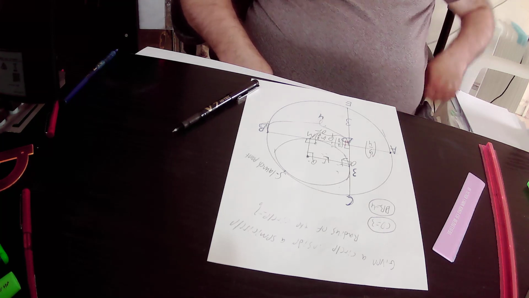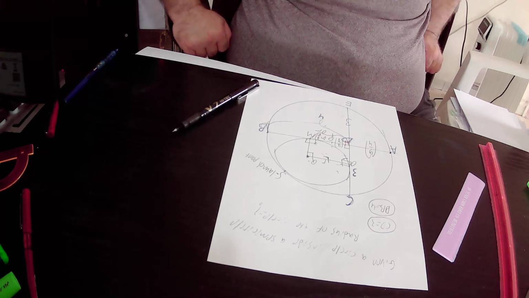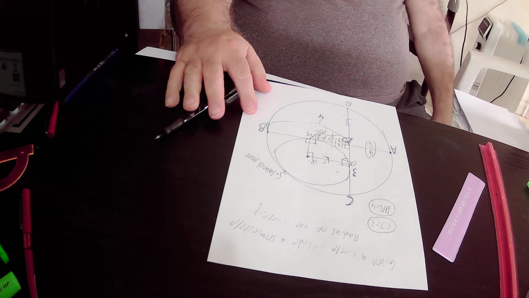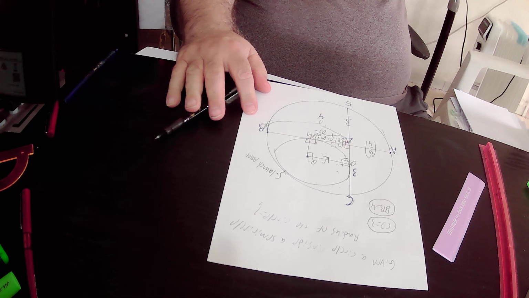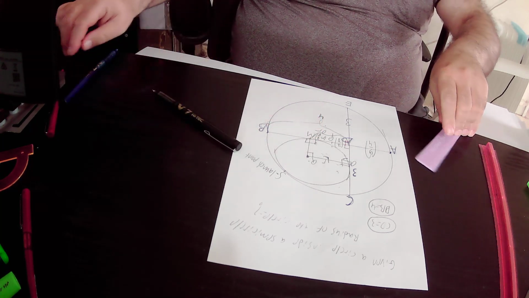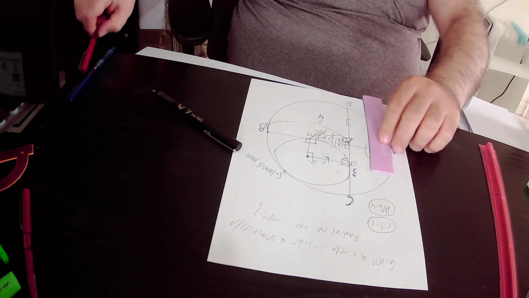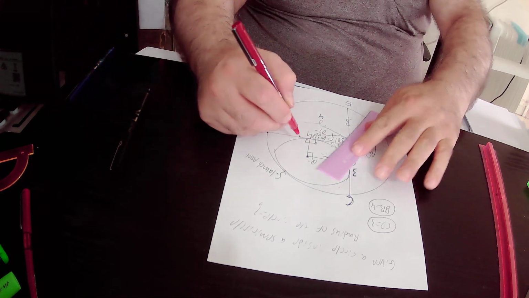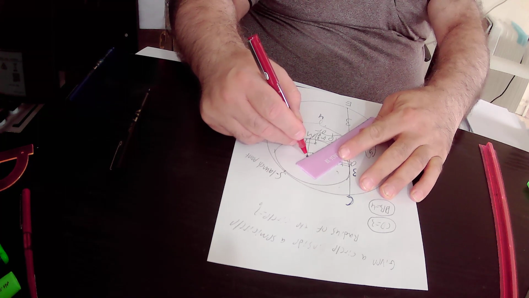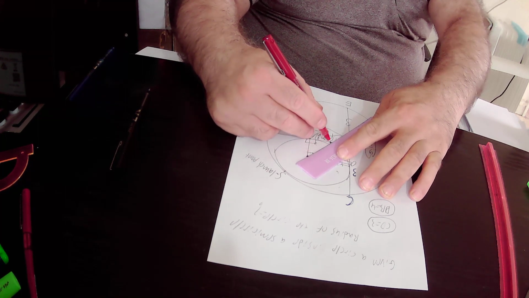Therefore, according to rule number 2, the straight line that connects their centers, that is actually PQ. This is the straight line that connects their centers together.